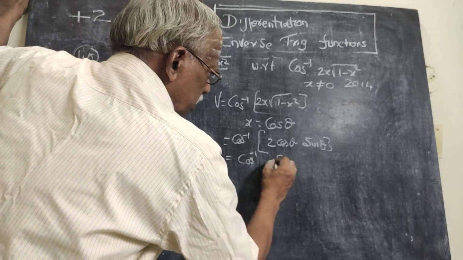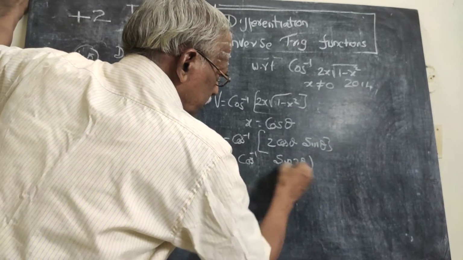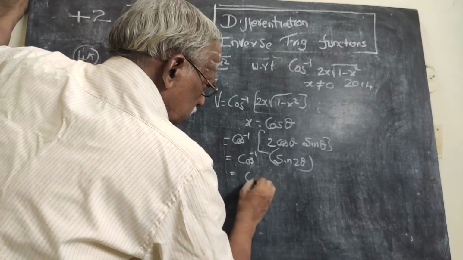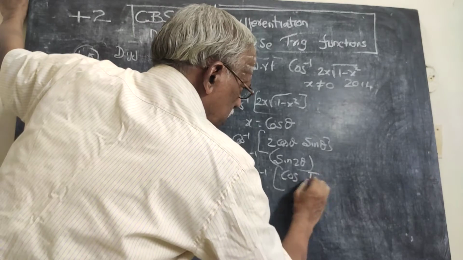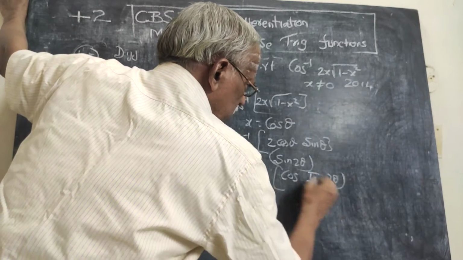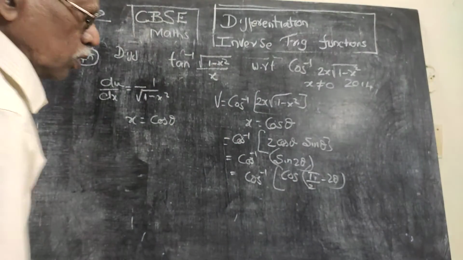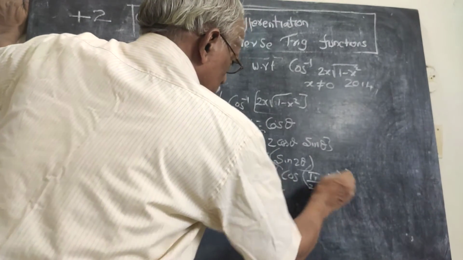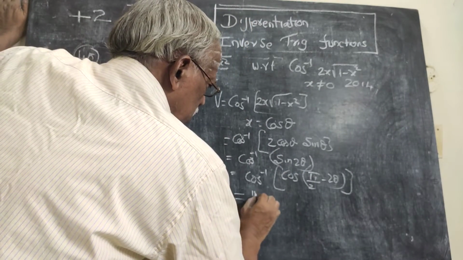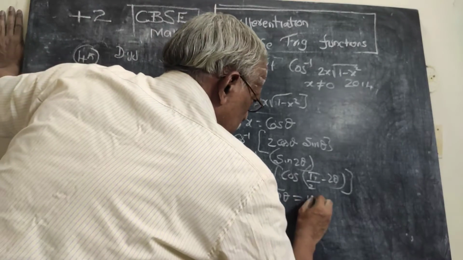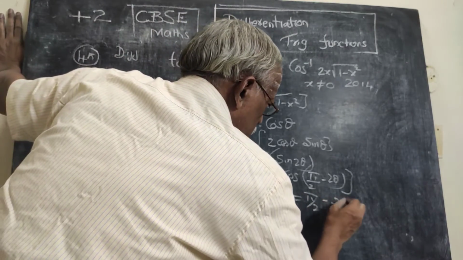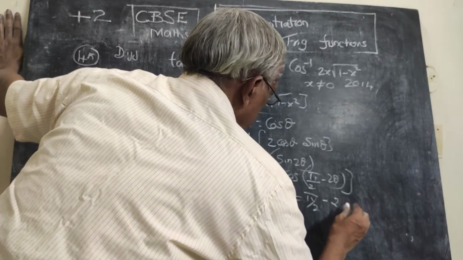So the result is sin 2 theta. I want it in cos, therefore cos inverse of cos of (pi by 2 minus 2 theta). So cos inverse cos goes. So v is now pi by 2 minus 2 theta. Theta is nothing but cos inverse x.